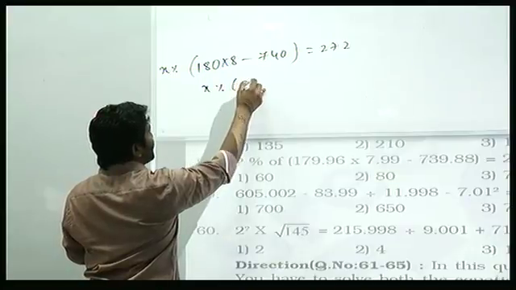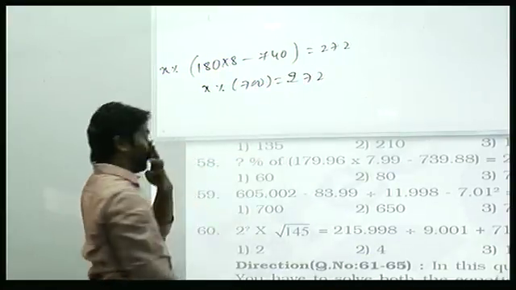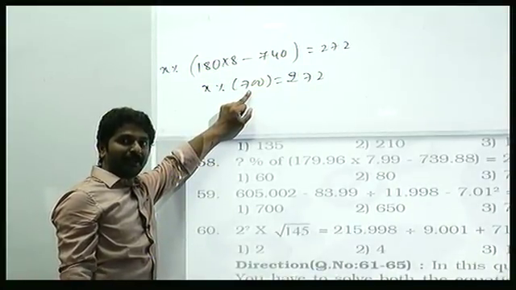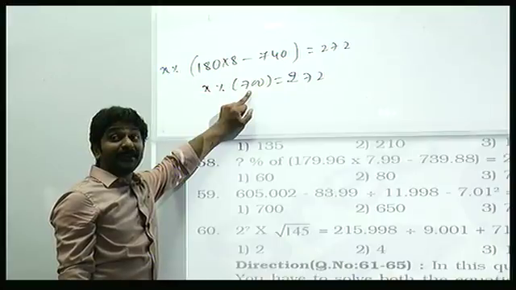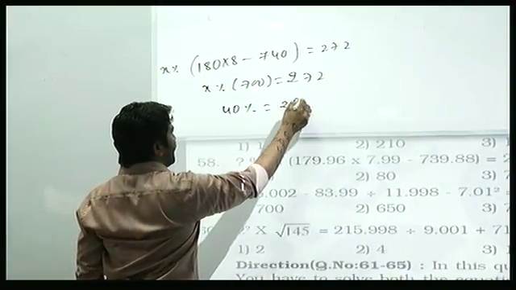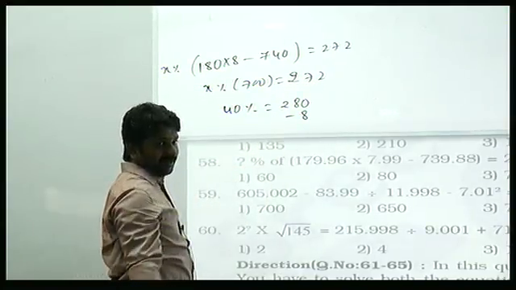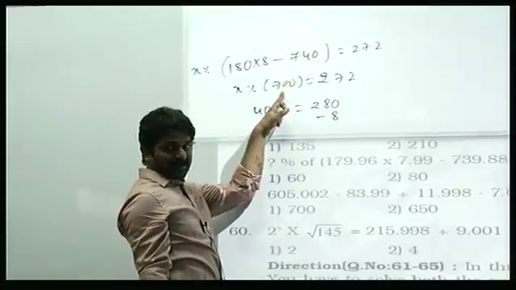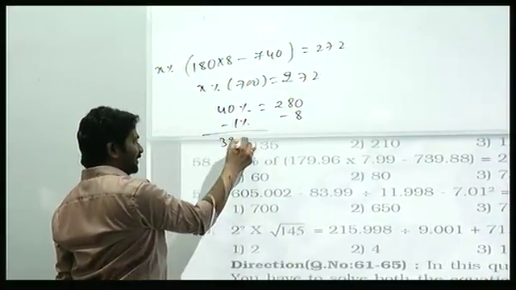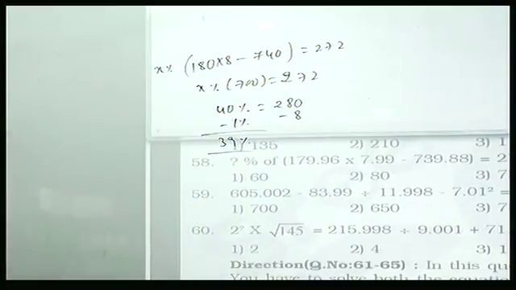So what percent of 700 is equal to 272? 10% of this number is 70. 20% is 140. 40% is 280. So 40% is equal to 280. But here you have 272. You need to subtract 8 here. 8 is in a sense near about 1%. So subtract 1% from this number, 39%. As it is approximation, it can be 40 also. Fifth option.